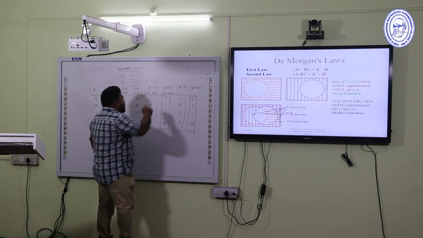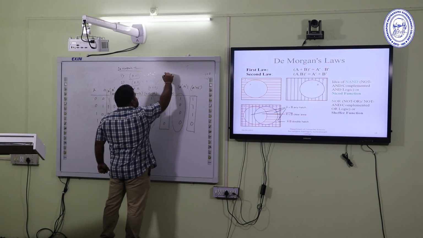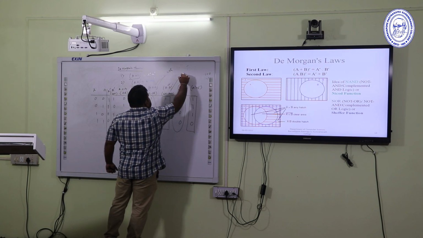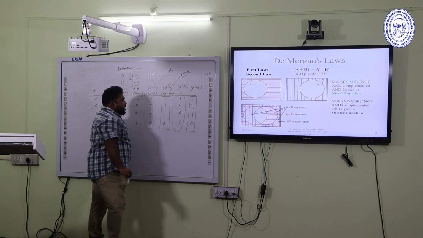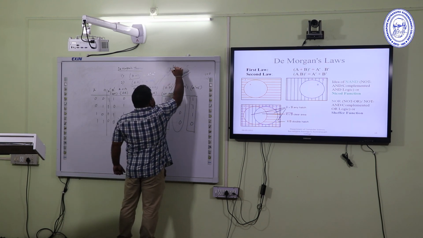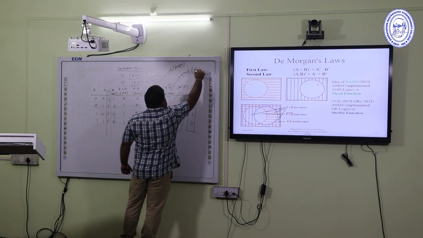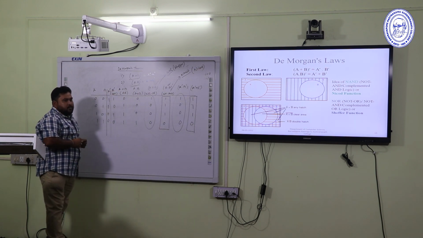We can find two operations, NOR and NAND. NAND's other name is the Sheffer function, and NOR is called the Nicod function.